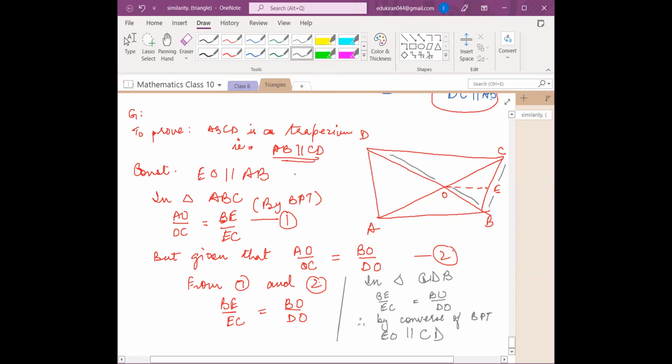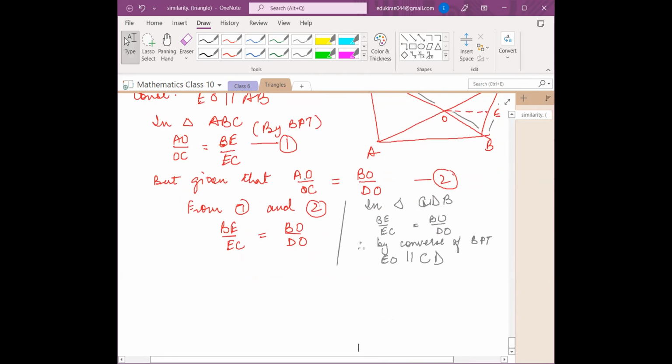So now I have shown that EO is parallel to CD. And EO is also parallel to AB by construction. And therefore, ultimately, I'll get AB parallel to CD. You can give it some name, 3.